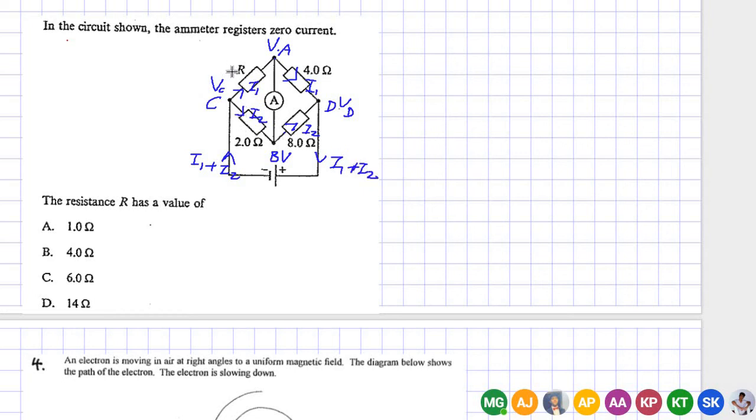Okay. Now the potential drop across this resistor R is going to be, by Ohm's law, V equals IR, so I1 into R. So we are going to use the assumption that the potential drop delta V from C to D through either branch is the same along both branches.